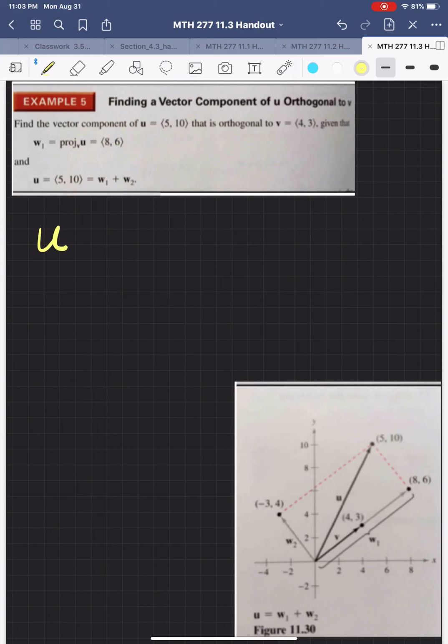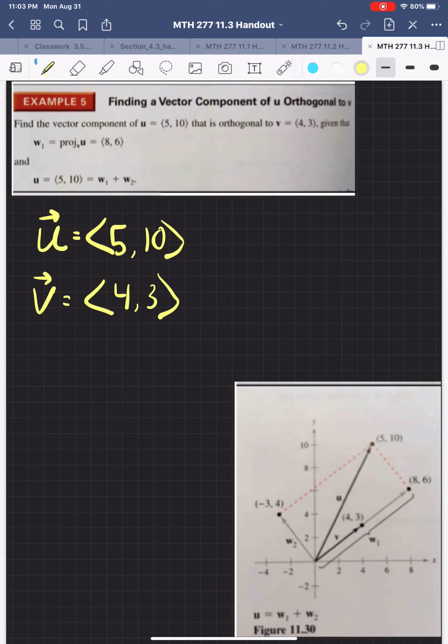So we're defining u as the following vector, and we're defining v as the following vector. And in this case, we're actually told that w sub 1, which is the projection of u onto v, was 8, 6.